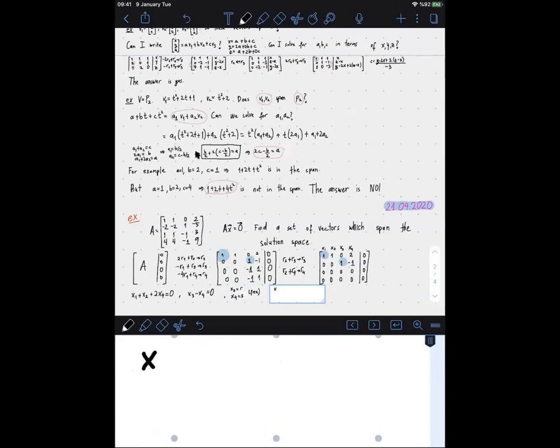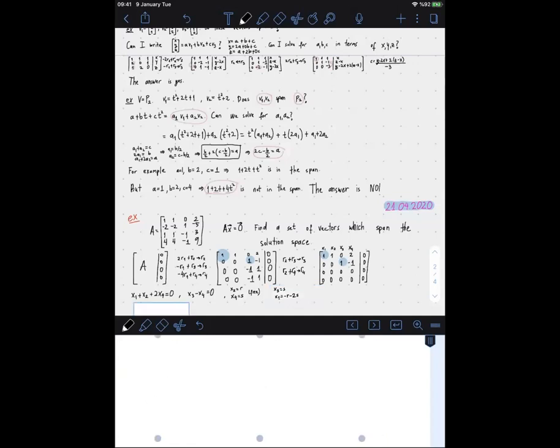So x3 becomes x4, which is S, and x1 becomes minus R minus 2S, right? Any questions? So we found the solution.